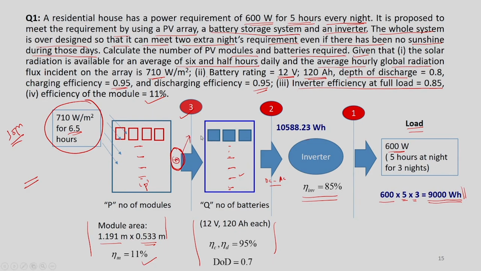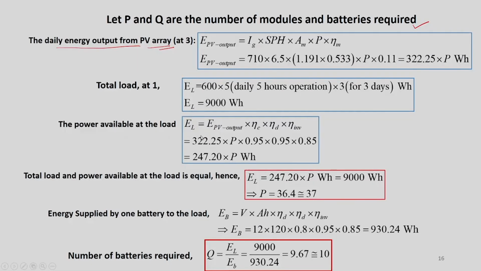Of course, this is DC power. So, how can we define it? We know efficiency, right. This efficiency is output power by input power. Input power is nothing but I into area, and output power we need to calculate, maybe I will write P out, and eta module is given as 11%.